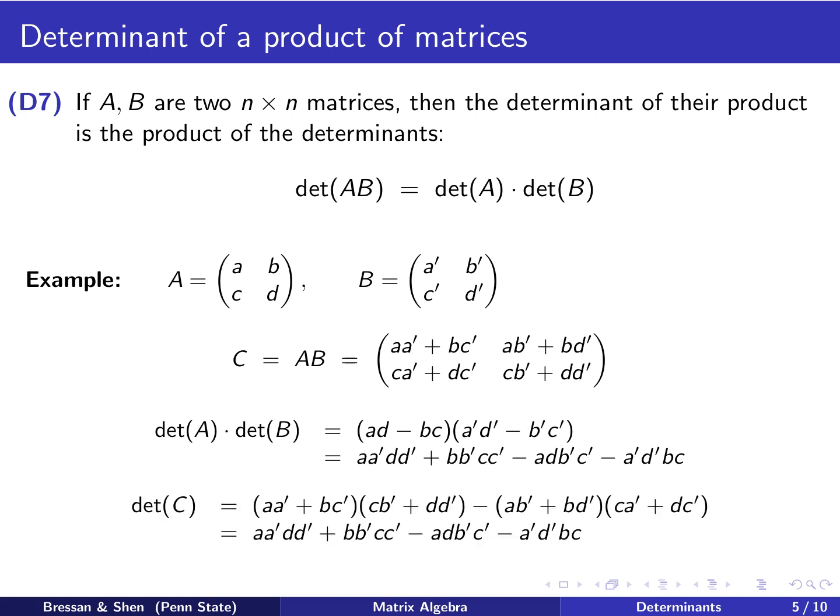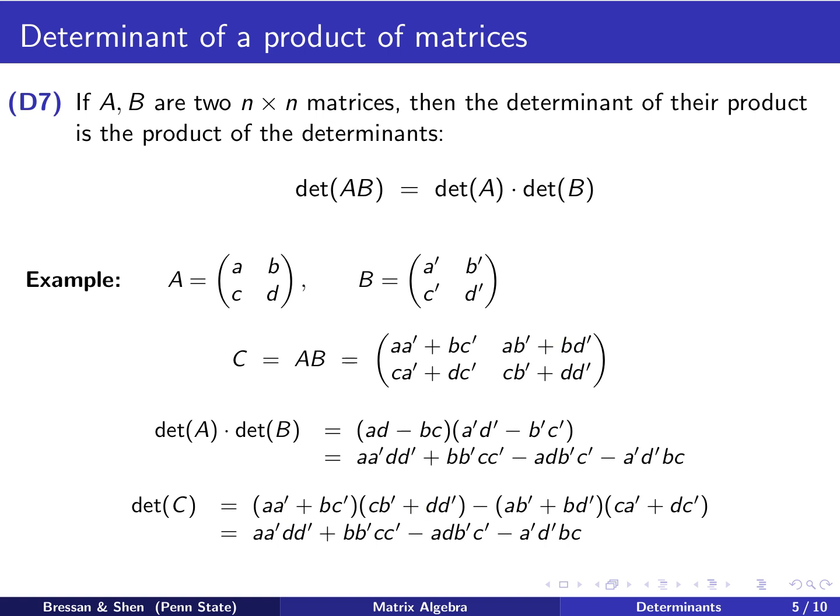And now we want to compute the determinant of A times B, which we call C here, so the left hand side. And that's this matrix. So it would equal this times that, minus this times that.